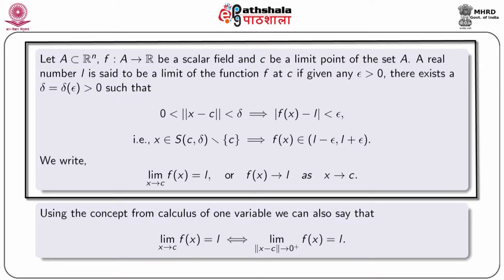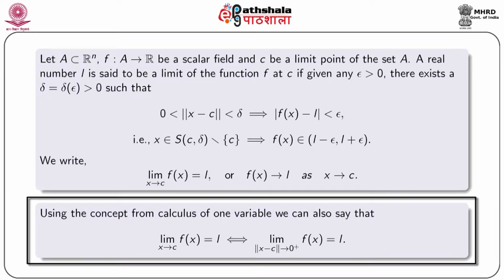That is, whenever x lies in the open sphere with center c and radius delta, punctured at its center, then we must have f(x) in the open interval L minus epsilon to L plus epsilon. In such case, we write limit of f(x) as x tends to c equal to L, or f(x) tends to L as x tends to c.